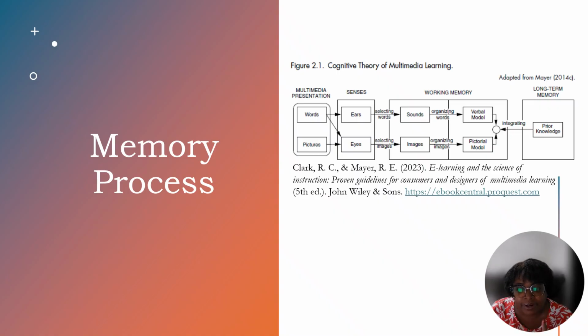Once it's in the working memory, again, they have the option of either organizing those images or forgetting about it. All right. Again, we want them to organize it. So if we're organizing the images, they become the pictorial model. So the verbal model and the pictorial model, if they're integrated with prior knowledge, then they can move to the long-term memory.